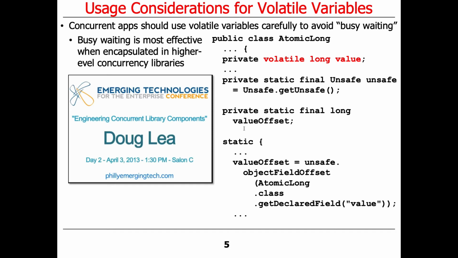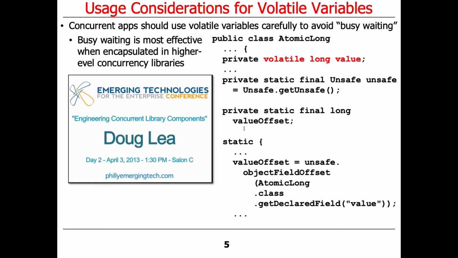This concept of busy waiting is probably something that should be handled by higher level abstractions, concurrency libraries. So for example, if you take a look at the atomic long class that's part of the Java atomics package, you'll see that it encapsulates volatile and shields you from the details of how it actually works.